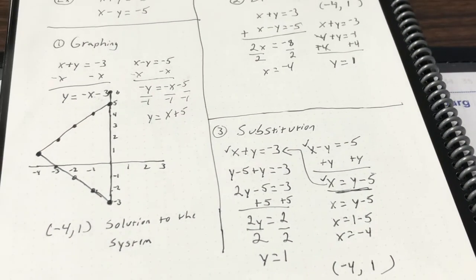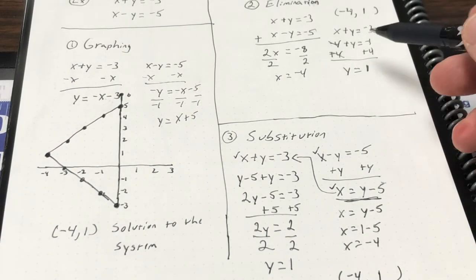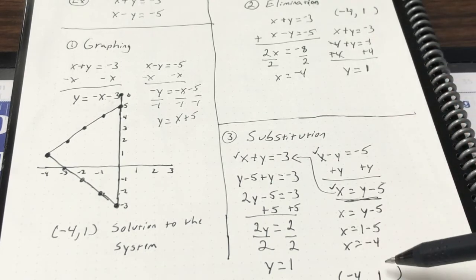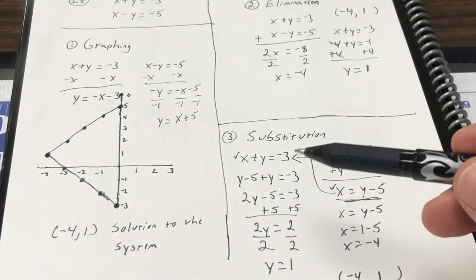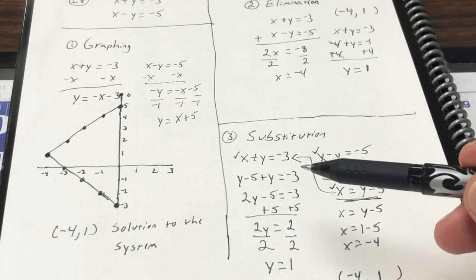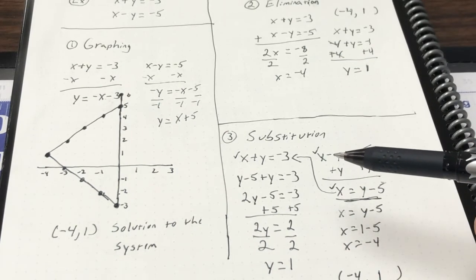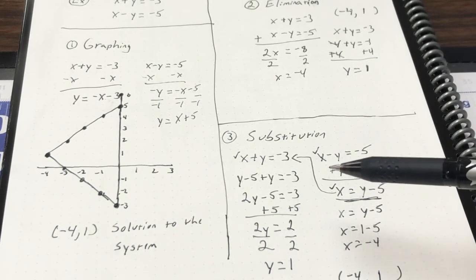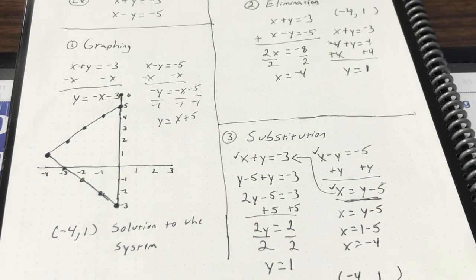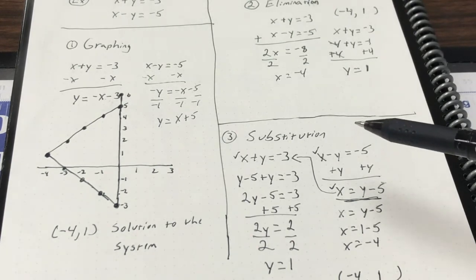So if you kind of look, I've got 3 different looks. All of them lead me to the same answer. So when you're dealing with systems and you're trying to find that point of intersection, or if the lines run parallel, or they give you the same line, it really doesn't matter which way you use.